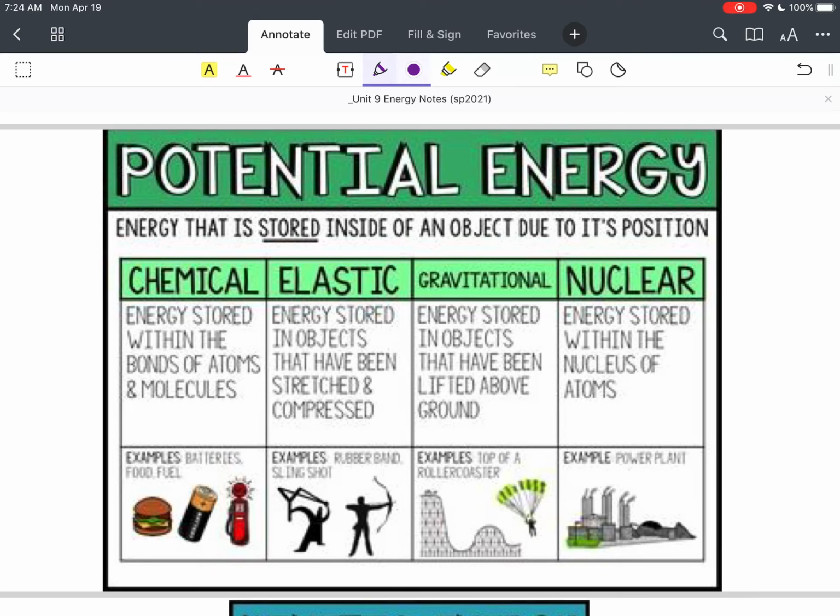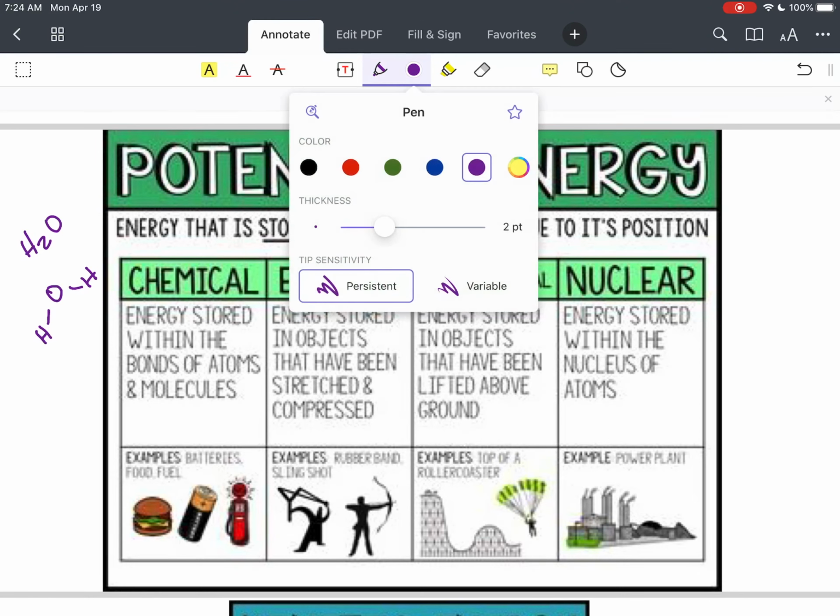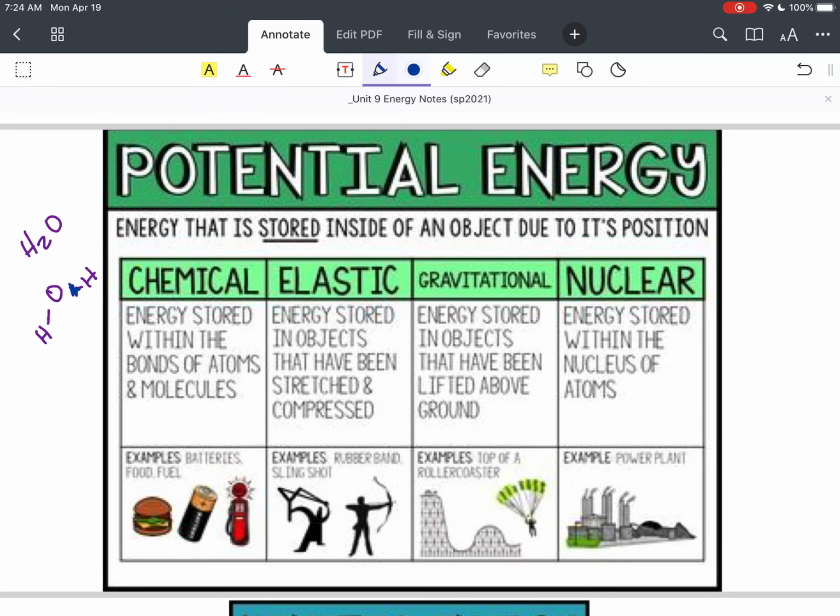For example, if I'm looking at H2O, I have one O and two hydrogen atoms, and inside these little bonds, there's energy. If I break up this molecule, I'm going to release energy or absorb energy. And so usually when we're talking about chemical energy, we're looking at exothermic reactions that are going to release energy or release heat.